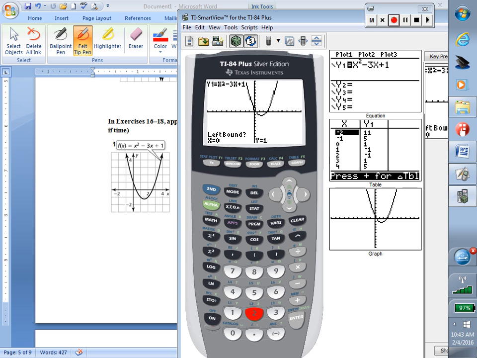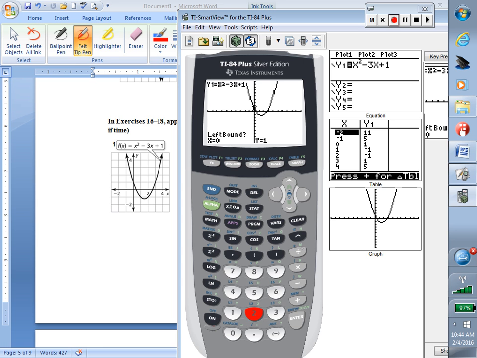Now where your cursor pops up is probably going to be different than mine. The question at the bottom of the screen says left bound. Let's try to find this x-intercept right here, this zero where it crosses here. So when it says left bound, I need to make sure my blinking cursor is to the left of that point.